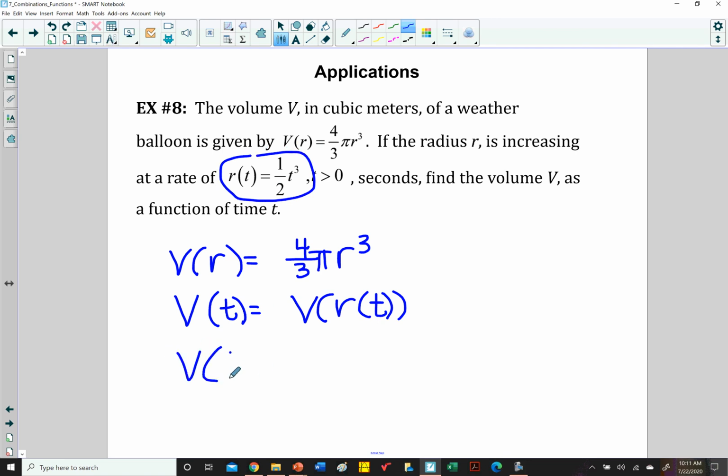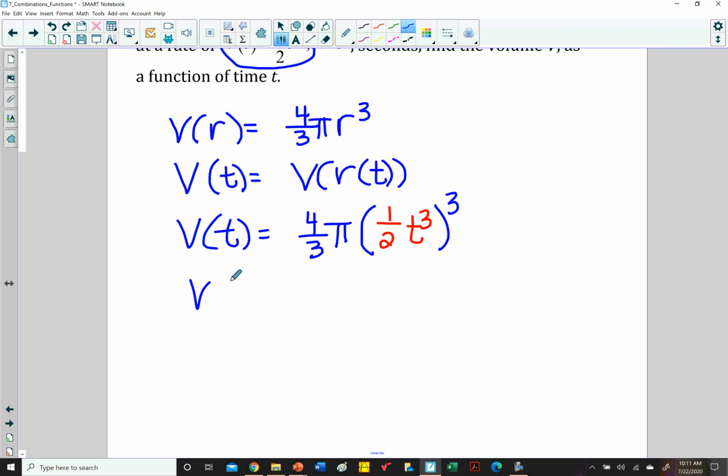So volume with respect to time is 4/3 pi r cubed, and in place of r, we're putting 1/2 t cubed. Simplifying that, volume with respect to time would be 4 pi over 3, and this would be t to the 9th divided by 8.